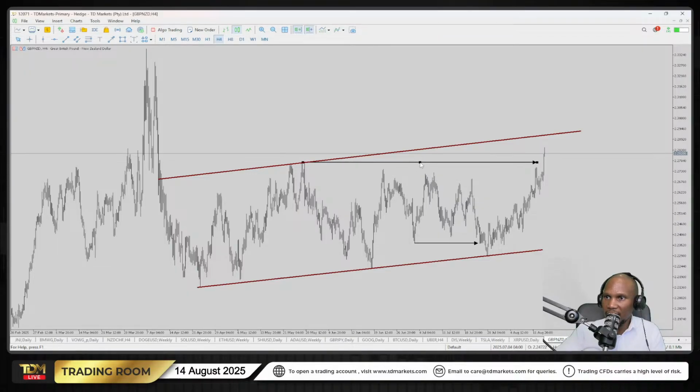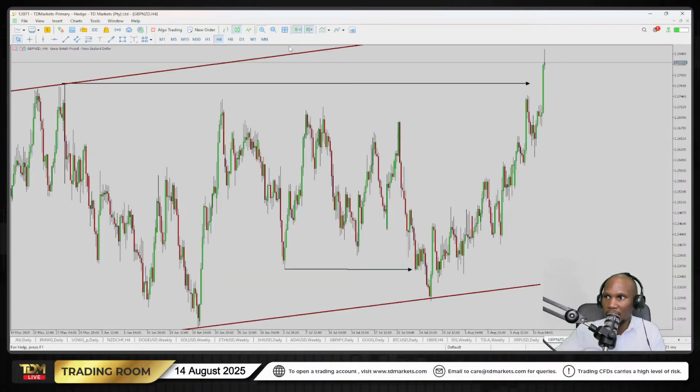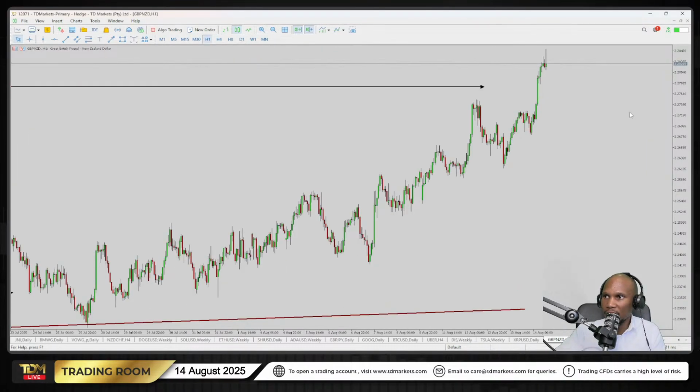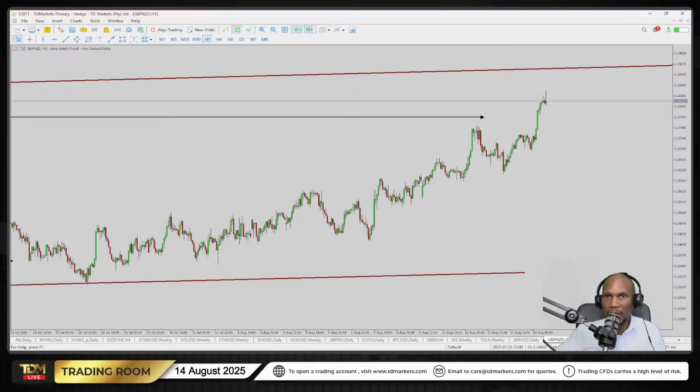Because you are buying at the top, unless, of course, on the lower time frames we get a correction, maybe something like this. Unless we get a pattern like this, maybe here.